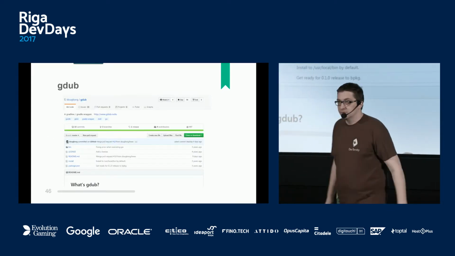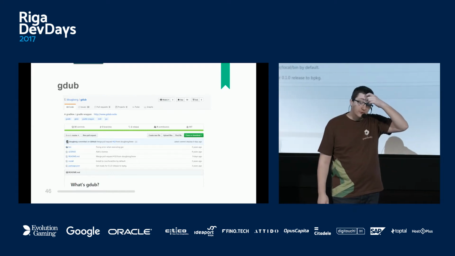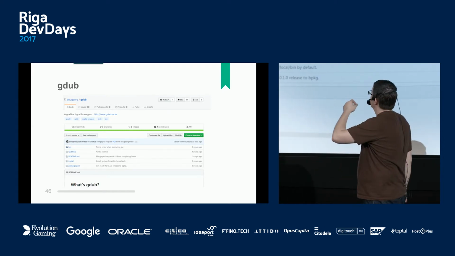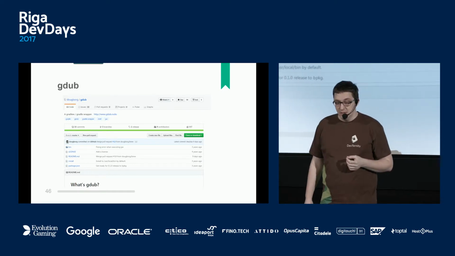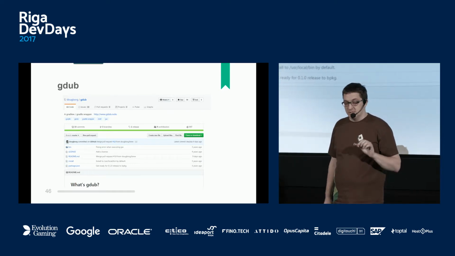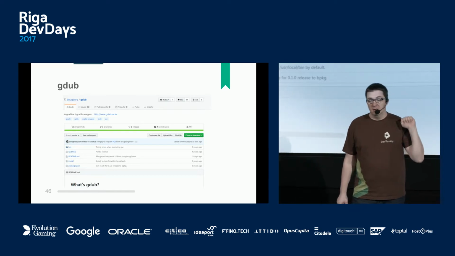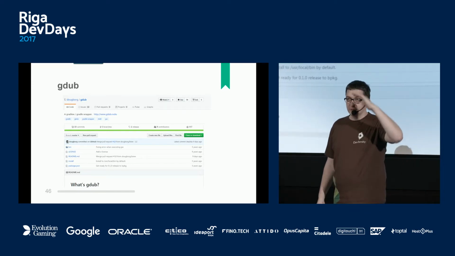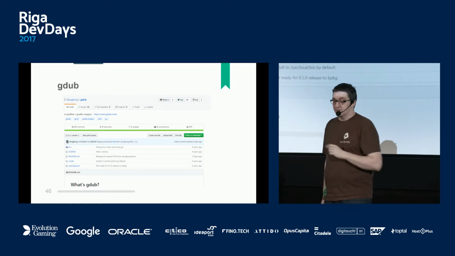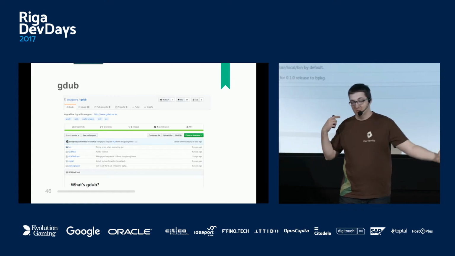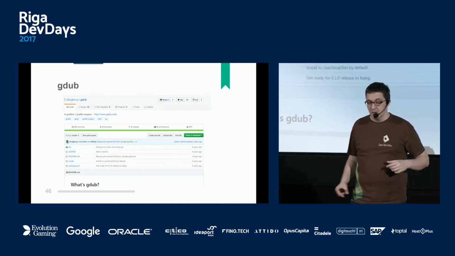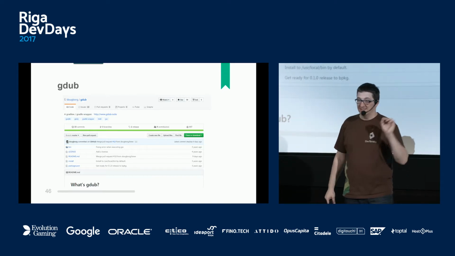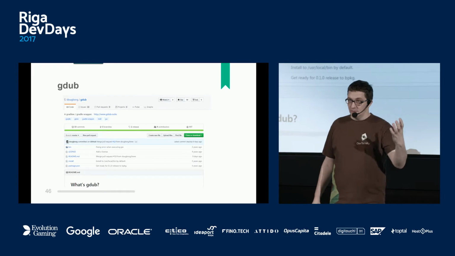If you are a Mac or Linux user, you can also take advantage of gdub. It is a simple utility which tries to locate a Gradle wrapper script inside the directory structure, and this works very well with multi-project builds. We have a lot of sub-projects, and you have only one Gradle wrapper, which is in the root of the project.